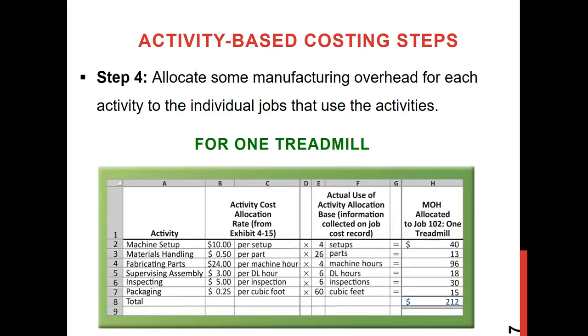And this cost is completely different when you use the department-based or plant-wide overhead rate. We could do the same thing for the treadmill. So these are the predetermined overhead rates for every activity, which are common for all products. Now we're going to multiply the actual amount of allocation base to produce one treadmill, and then you will find out the cost for all those specific activities to produce one treadmill.